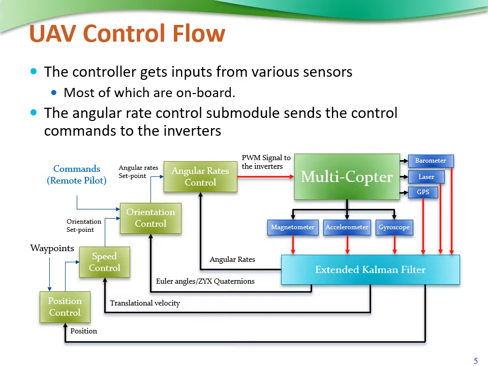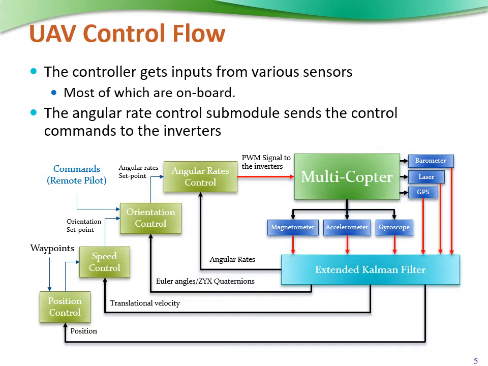These measurements pass through an extended Kalman filter that reliably estimates different input parameters for a series of control submodules, for example position control, speed control, orientation control, and at the end, the angular rate control. This control structure also takes remote pilot commands as well as trajectory paths as inputs.